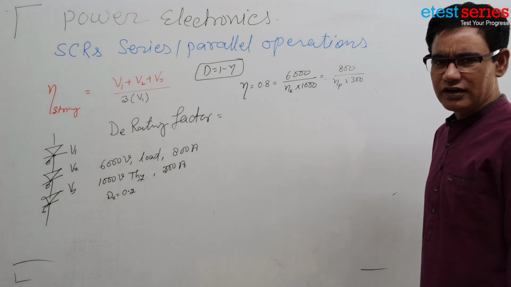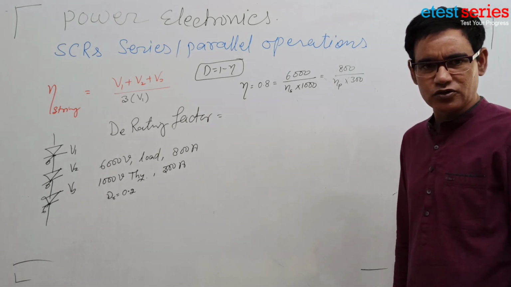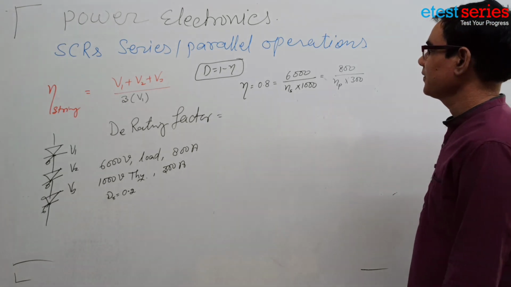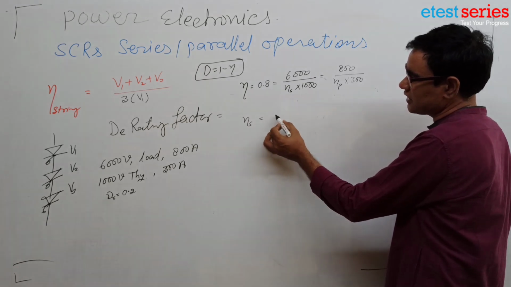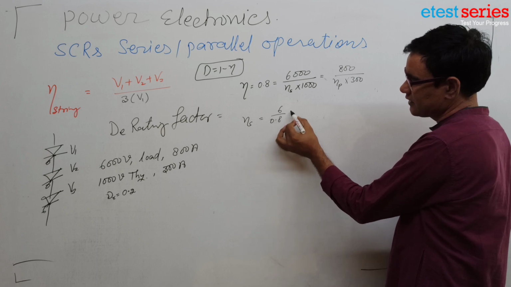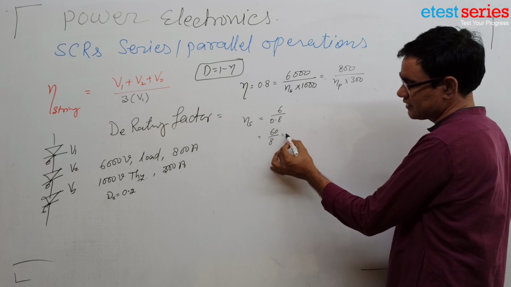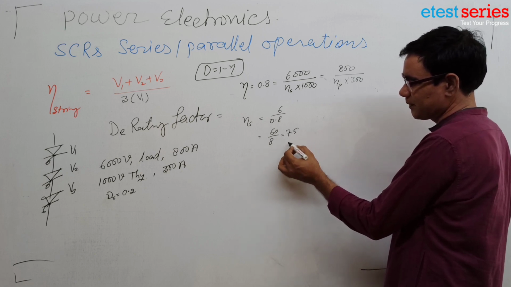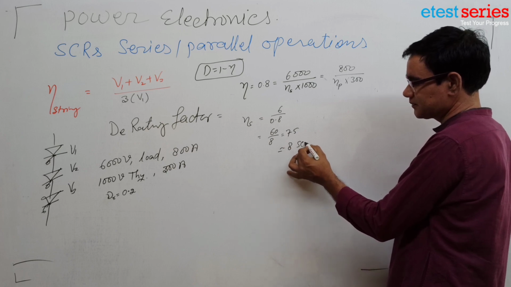From this formula we can calculate the number of series and parallel SCRs required to fulfill the load requirement. Here the series connected SCRs are 6 divided by 0.8, that is 60 divided by 8, so 7.5. It is approximately 8 SCRs in series.